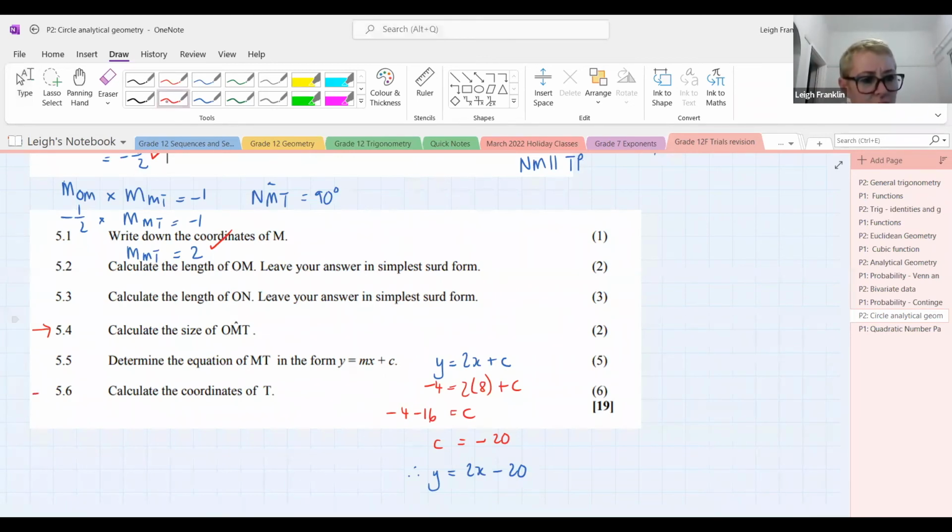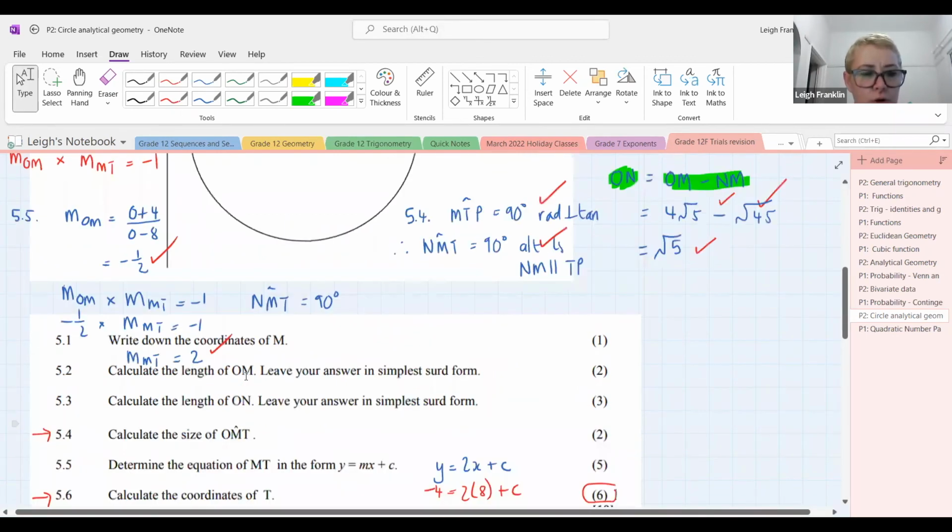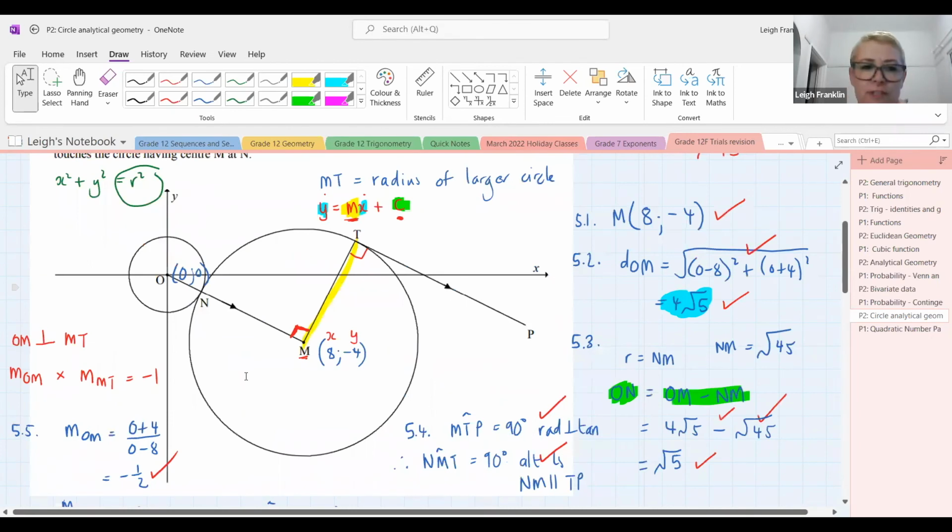They want us to calculate the coordinates of T. Look at this, it's out of 6 marks. So this is something that's going to require a little bit of rigor to get to the answer.